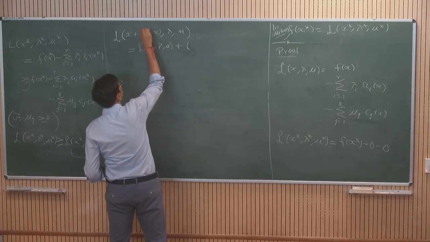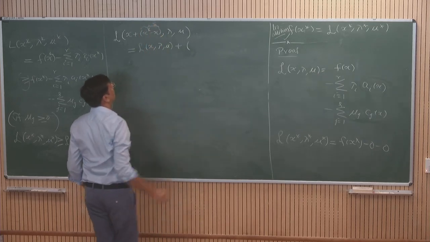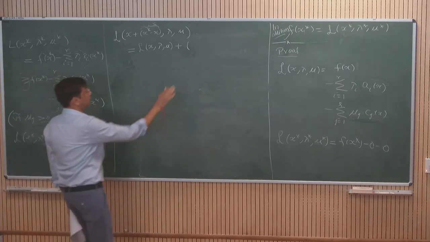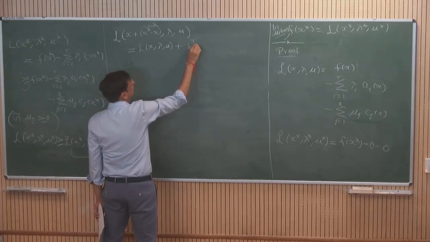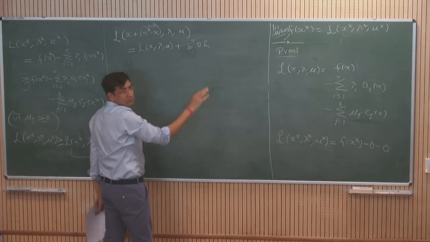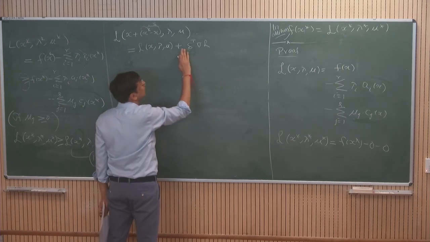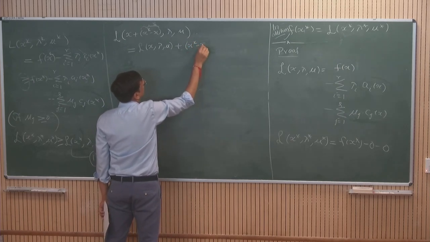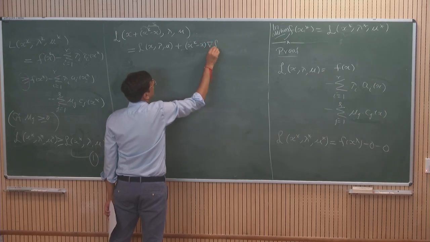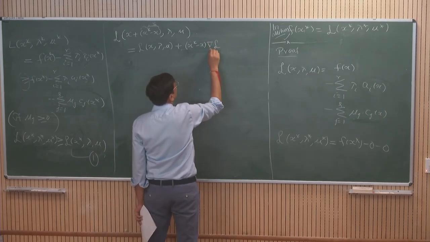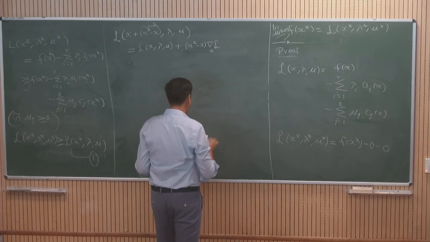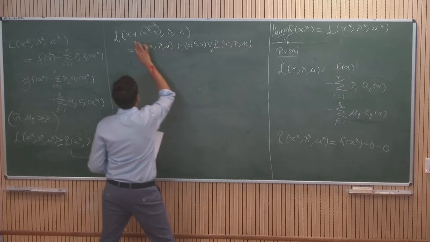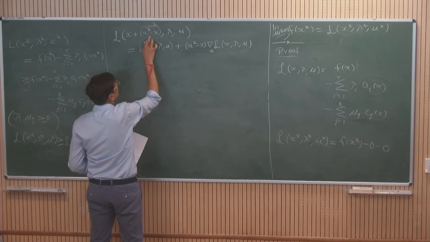This is your delta, right? We'll apply Taylor only along the x direction. So it should be delta times the gradient of this. So I'm going to write this more explicitly. I'll write this as (x star minus x) times the gradient of the Lagrangian with respect to x, because we're doing it with respect to x, evaluated at x, lambda and mu. This is x plus delta.